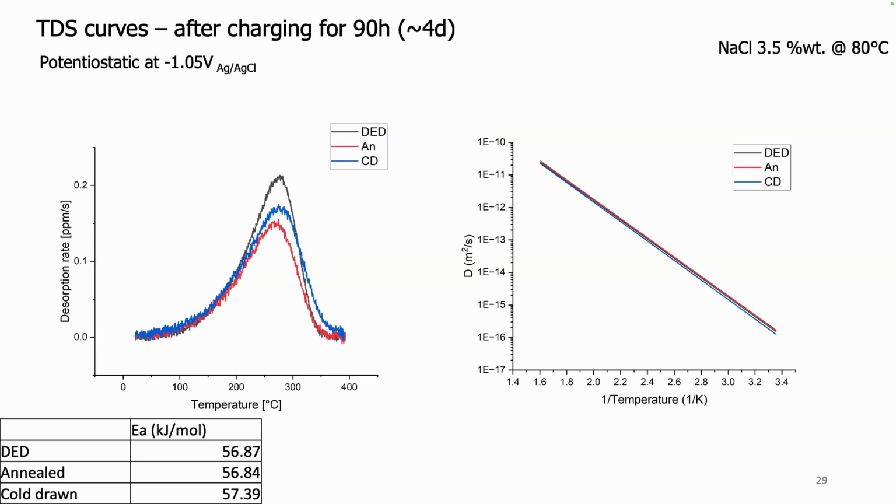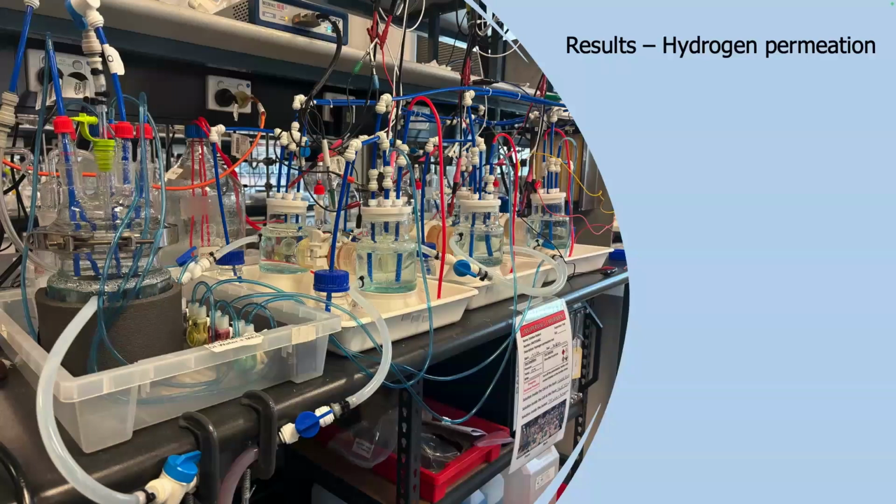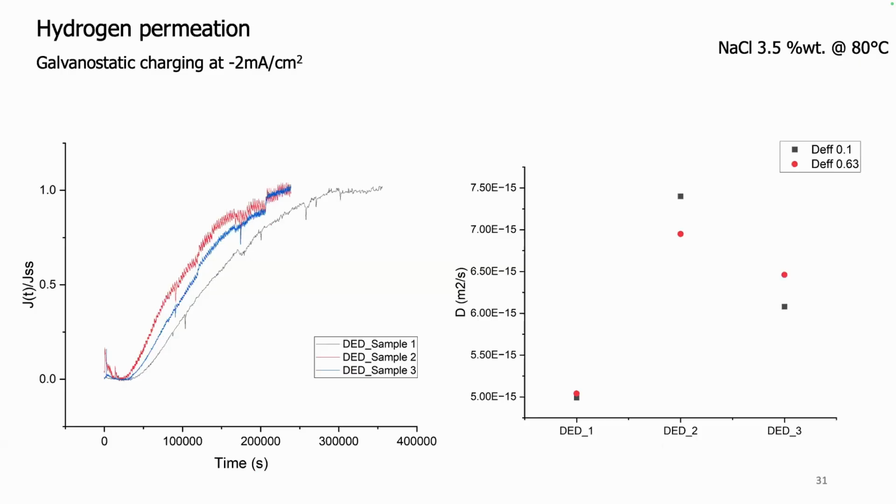And then we obtained also the diffusion coefficients. And then the idea was to compare the diffusion coefficient with permeation data. Again, tricky. We work at 80 degrees, sodium chloride in the charging, sodium hydroxide in the reading. So far the data that we have collected was only for DED.